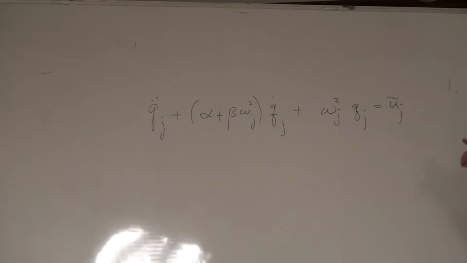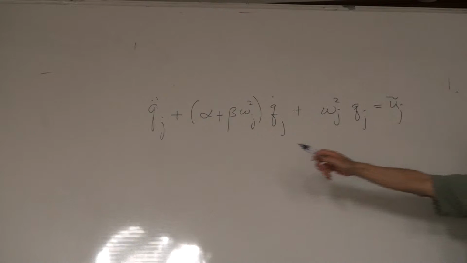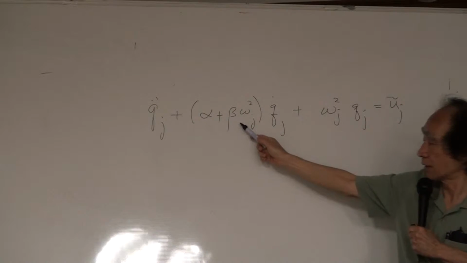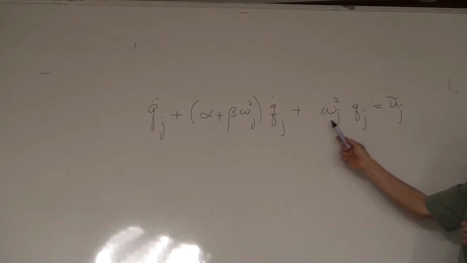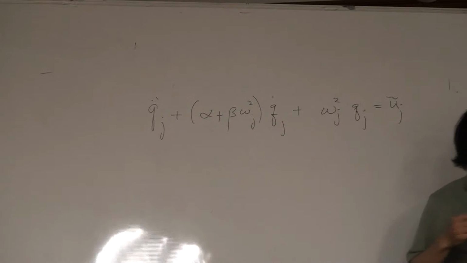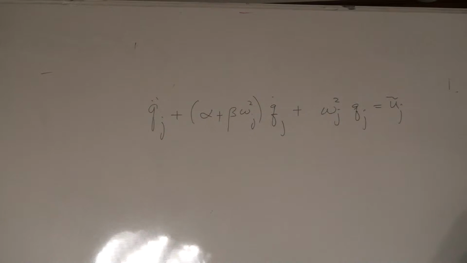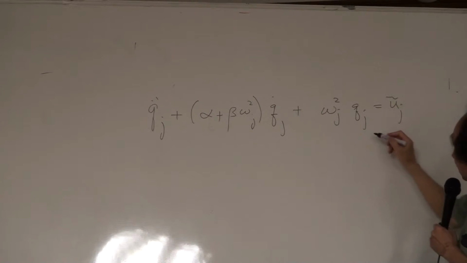The second equation, I think something is wrong here. It's supposed to be omega_z, then alpha, there's no i there, and beta omega_z squared, q_z dot, plus omega_z squared q_z. And this is all scalar.